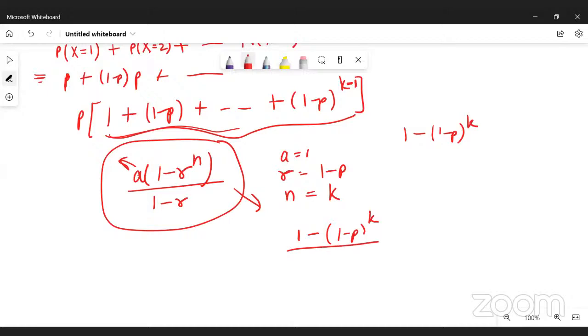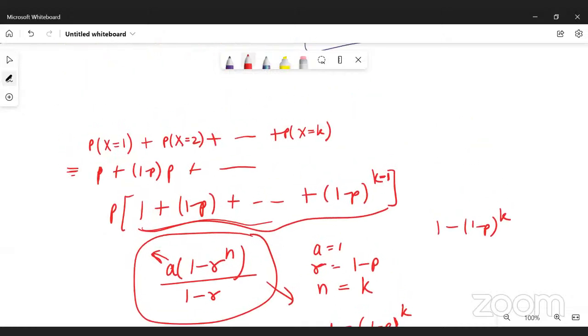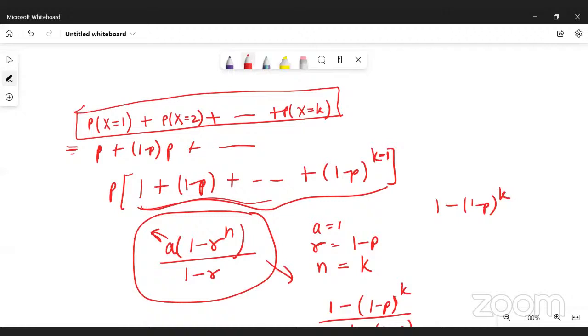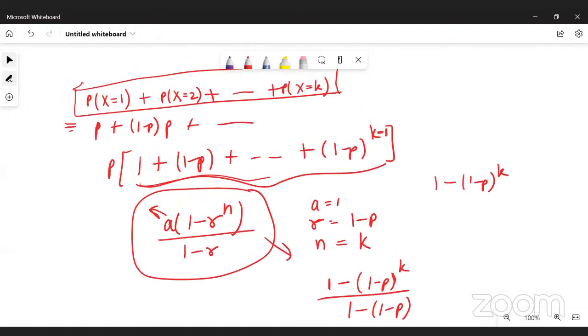Allow me to rephrase. What does this represent actually in terms of our experiment? What does the sum of all the terms represent for us? Yeah, so the sum of all the terms, you mean this term, right? No, I mean we have A into (1 minus R power N) by (1 minus R), and that is all the probabilities that we're adding up. Now how do I interpret this information that I have with me?